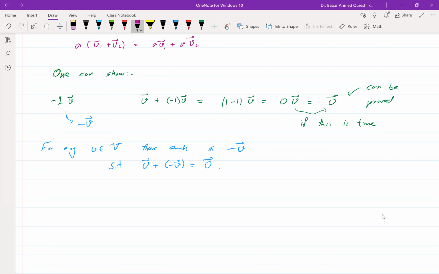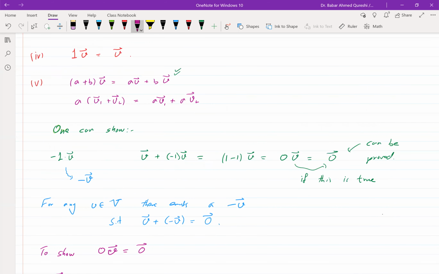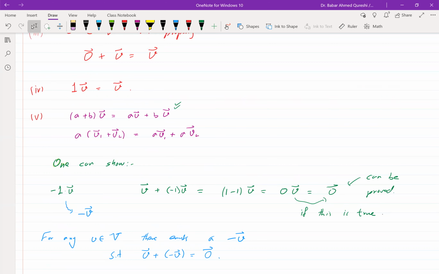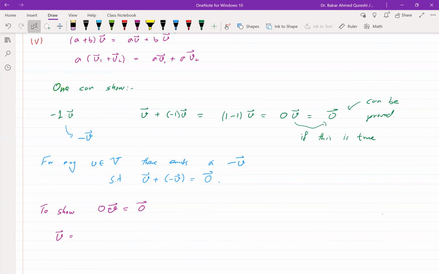Now, how do I show this? Well, I can write this V is just, because I assume that any V is 1 times V. This I threw into my properties. But 1 is 1 plus 0.